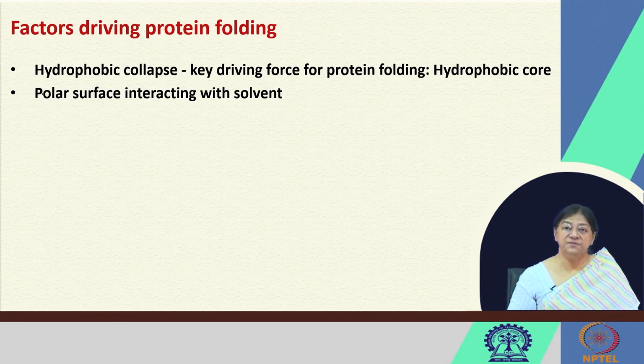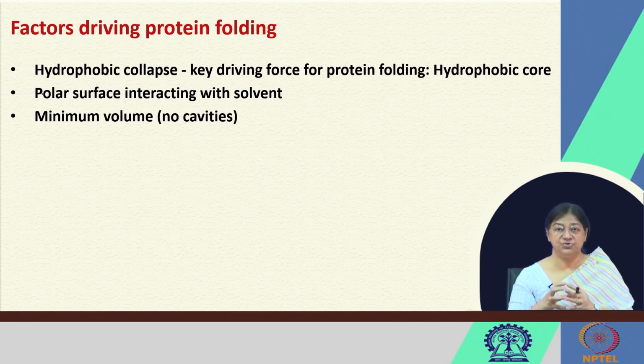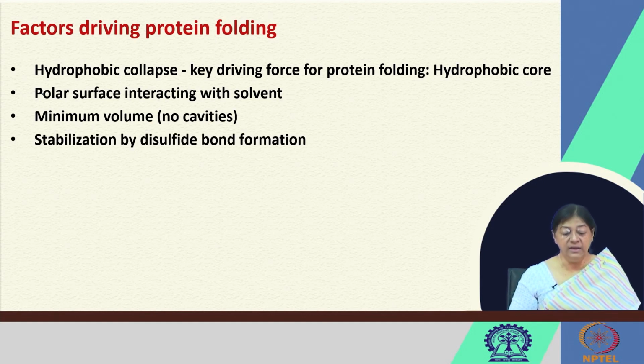The polar surface would preferably interact with the solvent, and there would be minimum volume, no cavities, so that we have a compact structure, and we have the stabilization which we saw by the disulfide bond formation, another covalent linkage that is going to bring different parts of the polypeptide chain together.